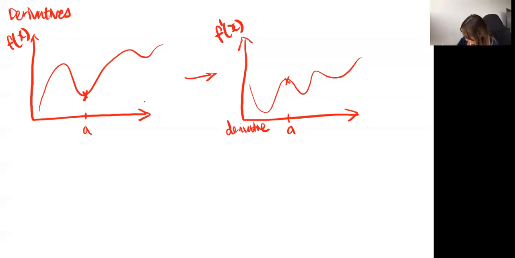So basically this value here, we'll call this B. B is the instantaneous rate of change of the base function here at this point A. Does that make sense? So what instantaneous rate of change means is, another way to interpret this is, what is the slope at this point looking like?